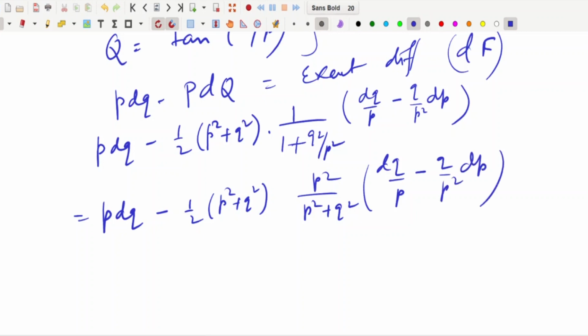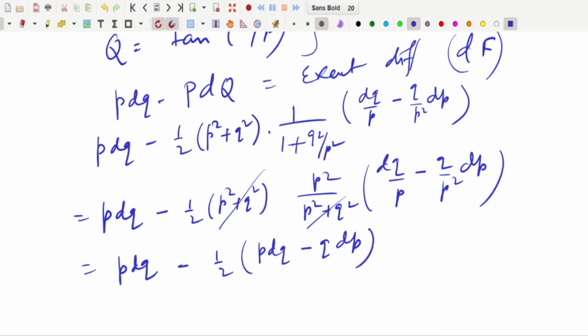You can see this will get cancelled with this. So p dq, then half, if we multiply by p square, the first term will be p dq, the second term will be minus q dp.